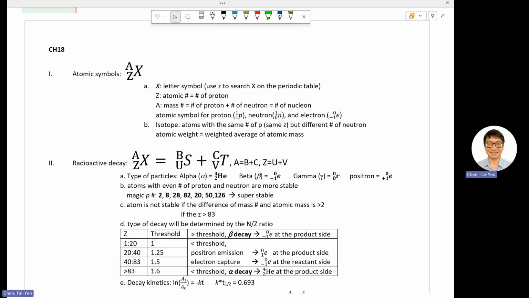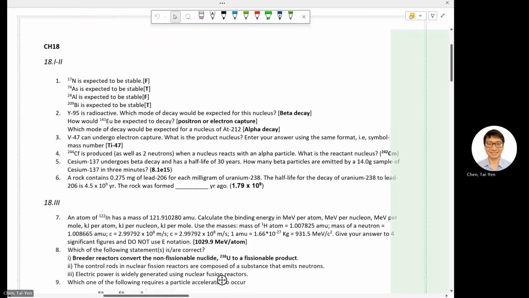So chapter 18 is all about atoms. Humans have studied atoms for a long time.